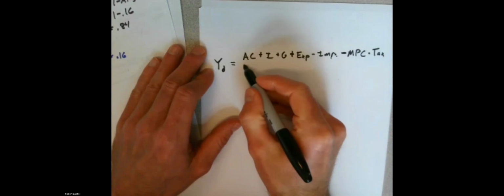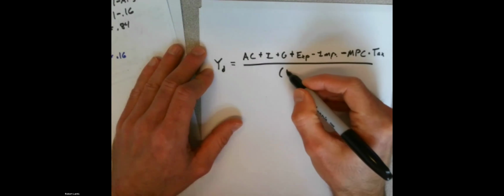And then we're going to subtract whatever my marginal propensity to consume was times whatever taxes are. Right? And then we divided that all by 1 minus our marginal propensity to consume. Okay. So this will lead us into what we're going to talk about next class, which is changes in any one of these factors.